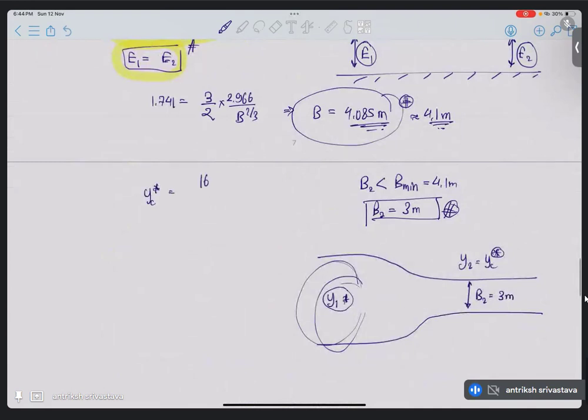We have 16 divided by 3, then we have square of that divided by 9.81, to the power 1 by 3. So this is 1.4259 meters. Correct me if I'm wrong here.